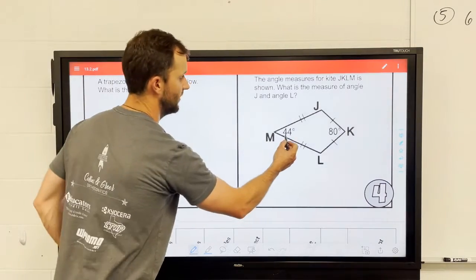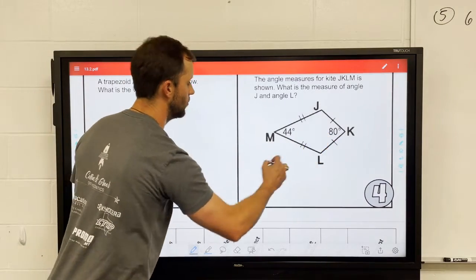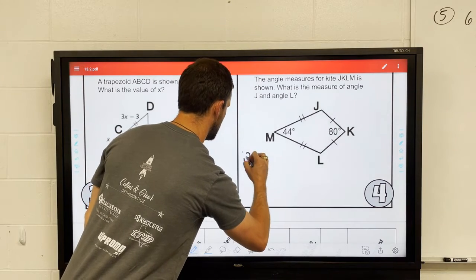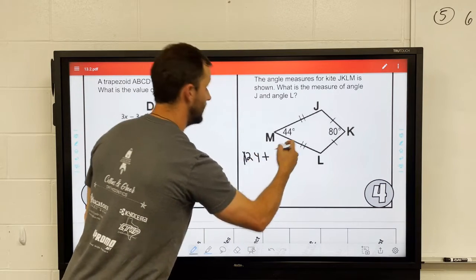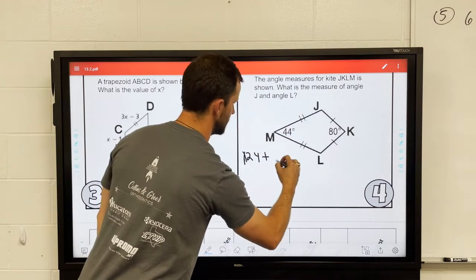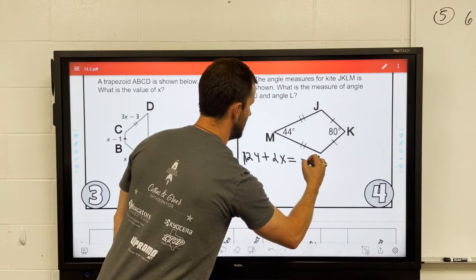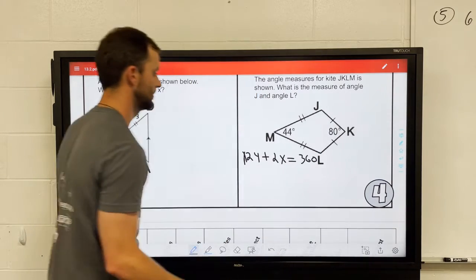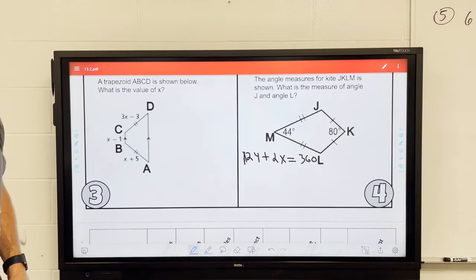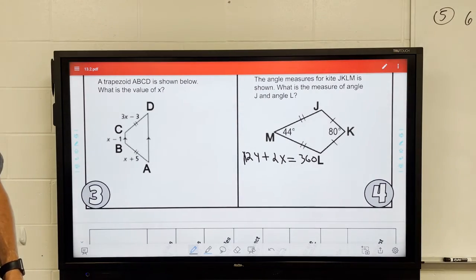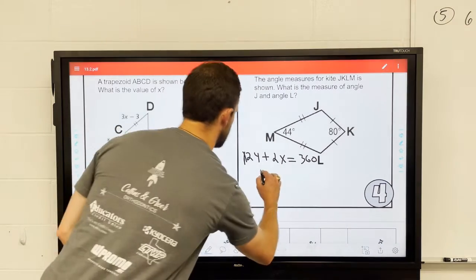So 44 and 80 gives you 124. And then plus, since these two angles are equal to each other, 2x is going to equal 360 degrees. I'm going to subtract 124, so 360 minus 124 gives me 236.